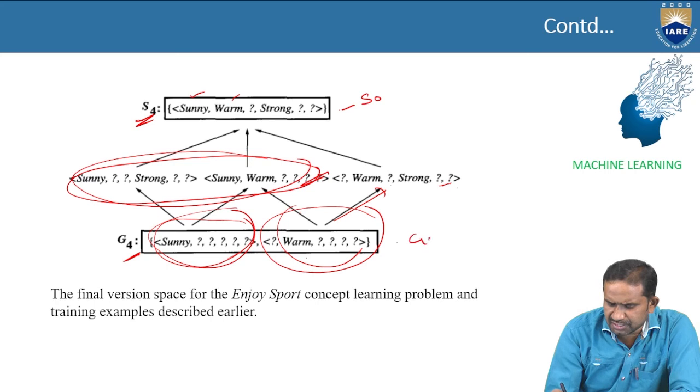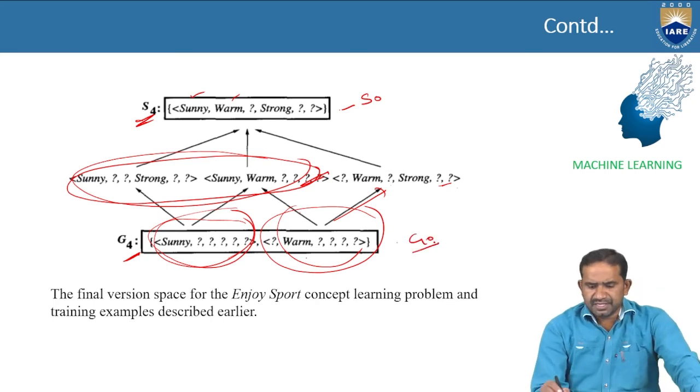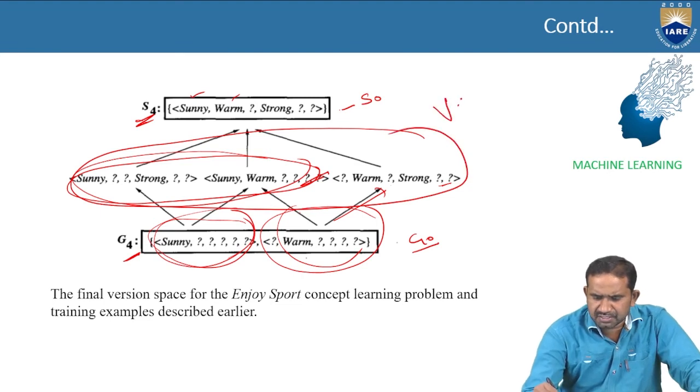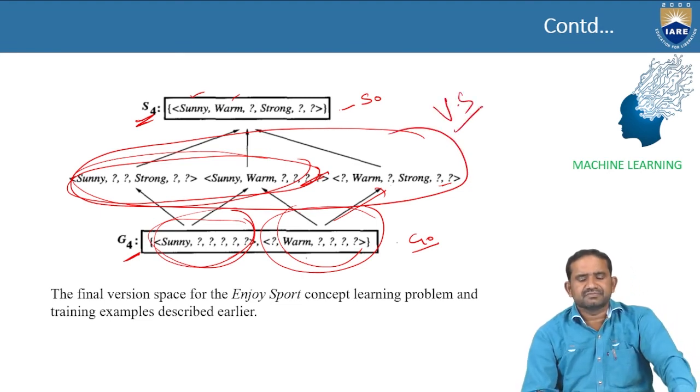This one is called the general hypothesis. In between, some hypotheses are generated, which form the version space. We can observe this.